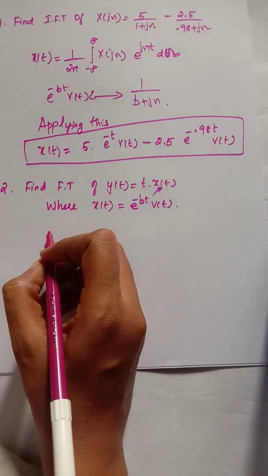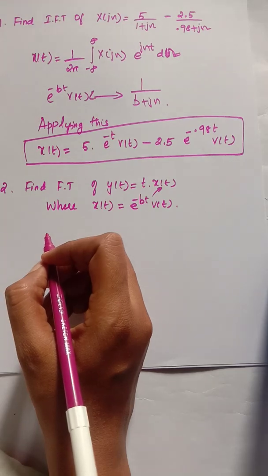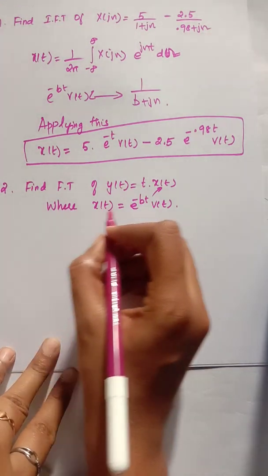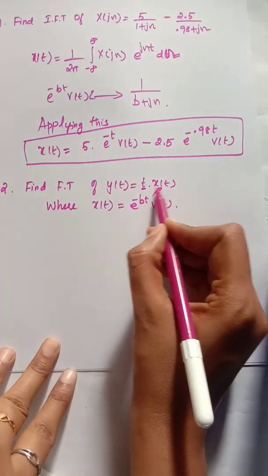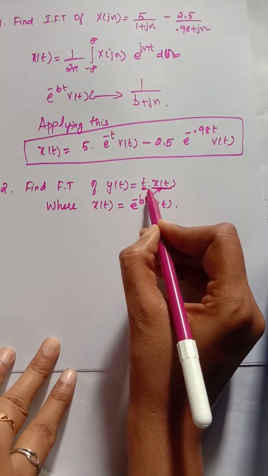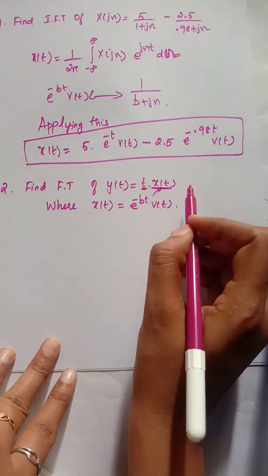So we can see whether we can use any property related to it. We know that if you have t into something, we need to check whether there is any property related to t into x of t.